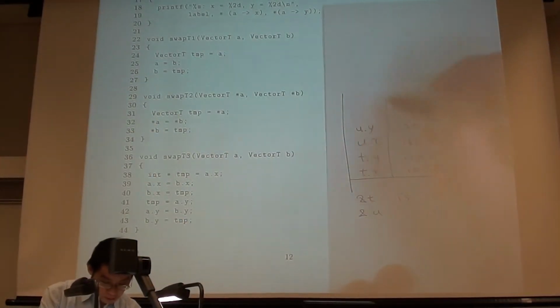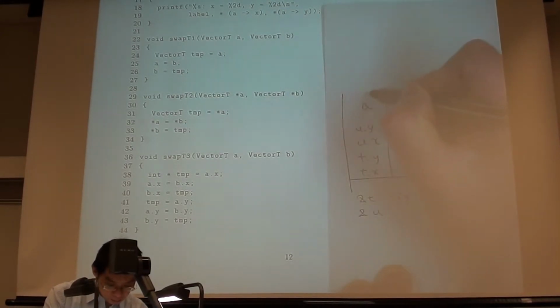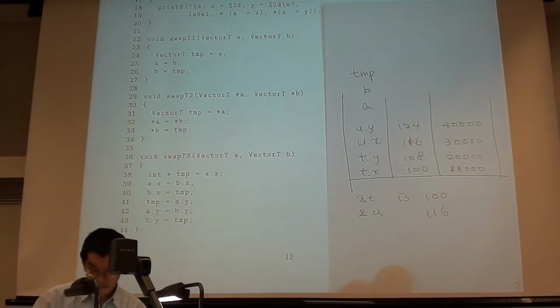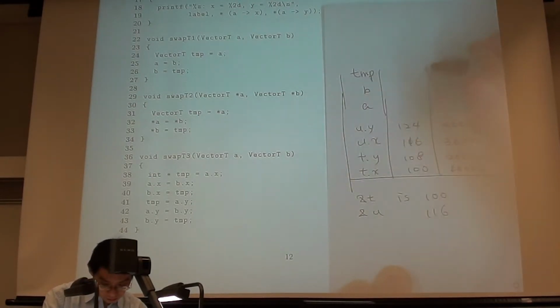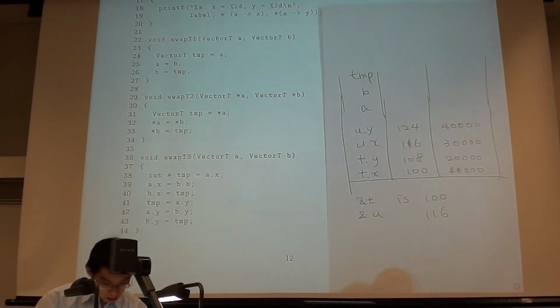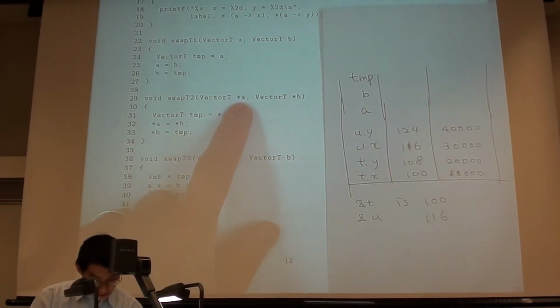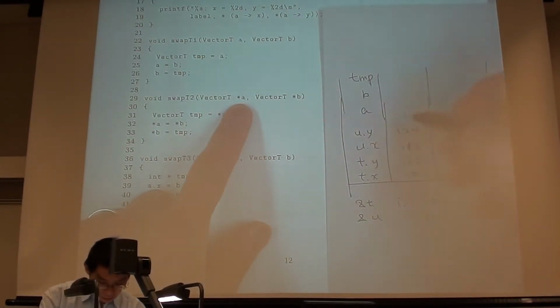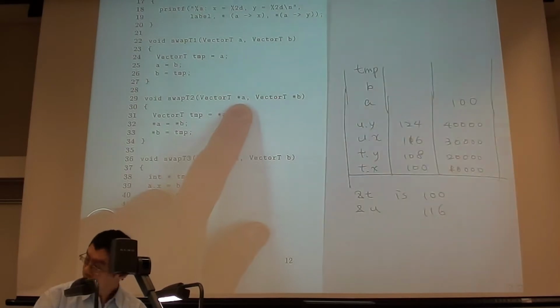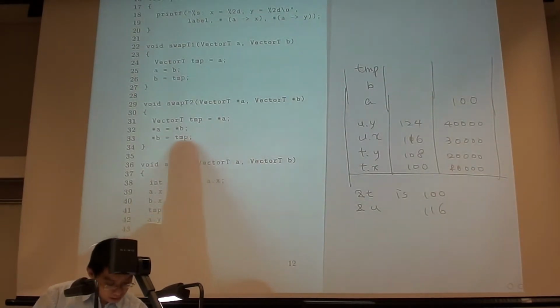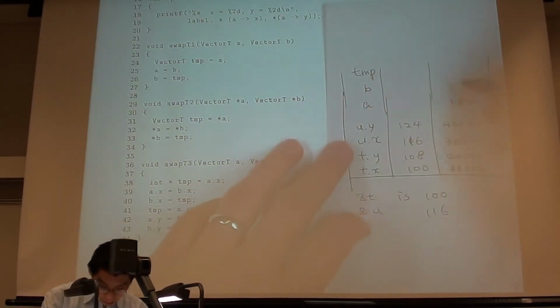Swap2 has a pointer A, a pointer B, and it has a local variable temp. A is the address of T, therefore its value is 100. B is the address of U, so B's value is 116.